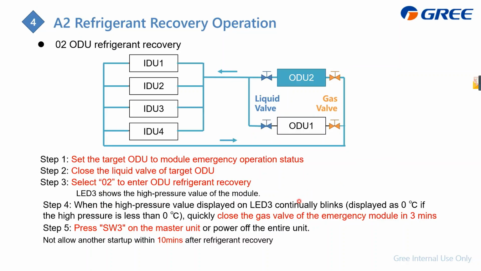When this high pressure value blinks, we should quickly close the gas valve of the emergency module. Close this gas valve, and within 3 minutes press SW3 on the master outdoor unit or power off the unit. It also may take 10 minutes for the whole recovery. Okay, it's very convenient for the refrigerant recovery operation.